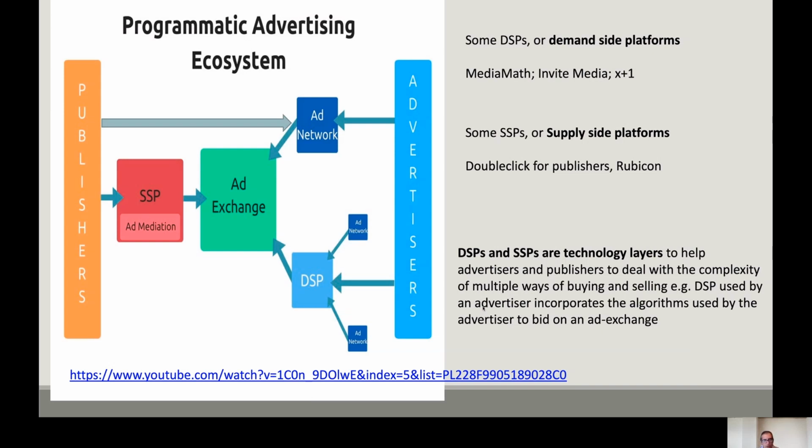So to help the advertisers, the DSPs have come up. So DSPs are demand side platforms. And to help the publishers, the SSPs have come up, which are the supply side platforms. And the idea of these services is basically they provide technology layers and automate many of these transactions that the advertisers and publishers may want to do.